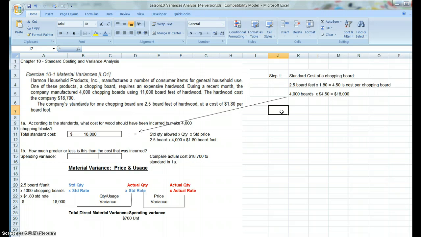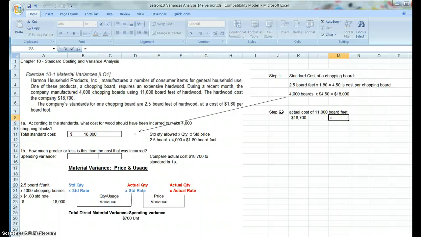The second thing we're going to have to do is compare it to our actual cost. You can see that they gave us that information, and most of the time they always will, that we actually spent $18,700 for those 11,000 board feet.